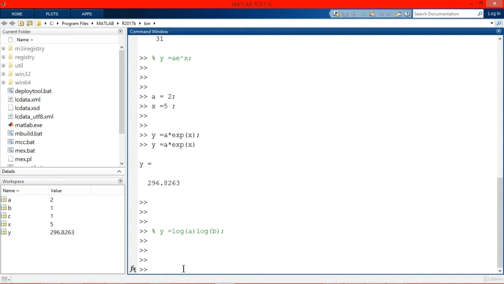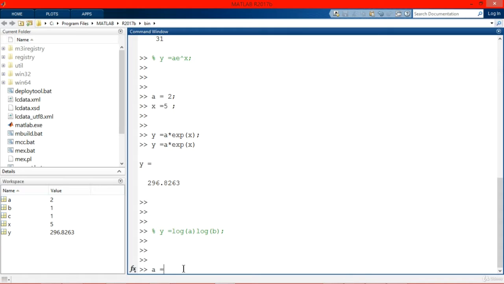The common log has base 10 and is represented on the calculator as log x, while the natural logarithm has base e, a famous irrational number, and is represented on calculator by ln x.